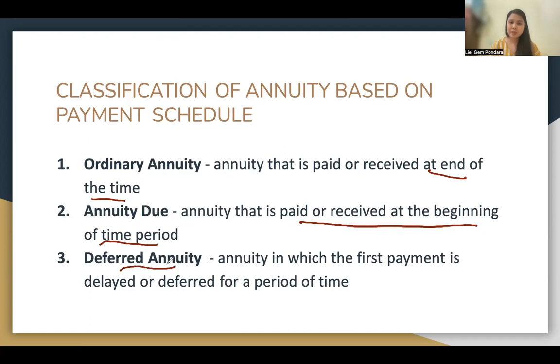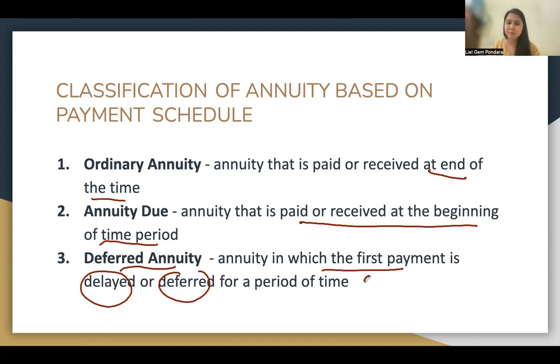In deferred annuity, our keyword is delayed or deferred. This is a type of annuity in which the first payment is delayed or deferred. For example, if your parents or you have tried the SSS and the Pag-ibig loans, these are deferred annuities.